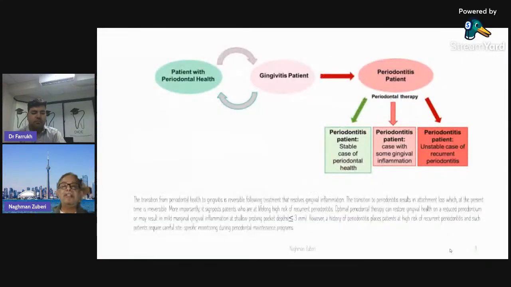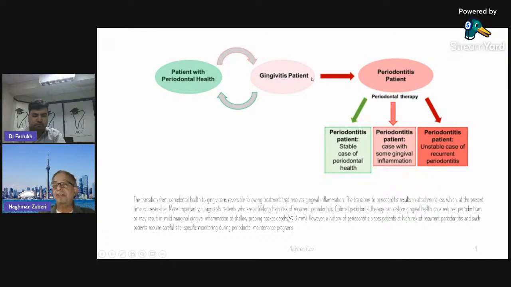So if we look at this chart, it tells us that a patient with periodontal health can go into gingival inflammation, and if it is properly treated, the health can be restored. But here we do not have any periodontal condition, only gingivitis is there.